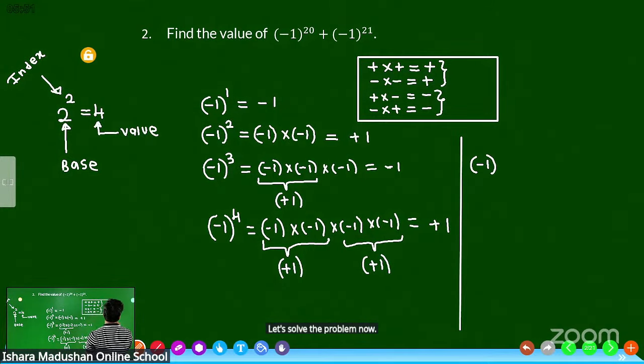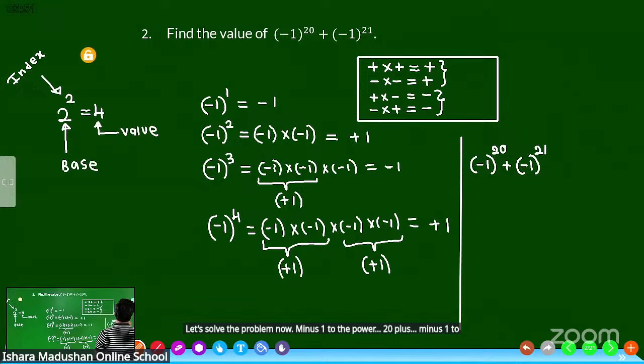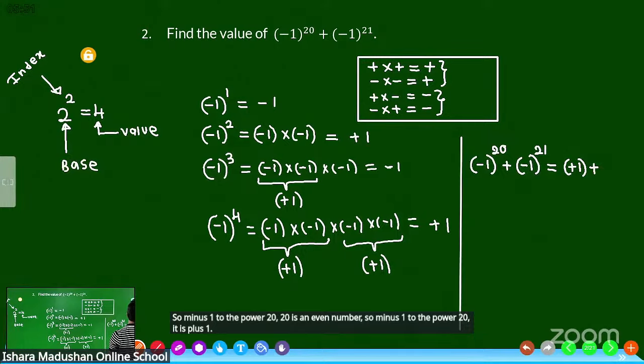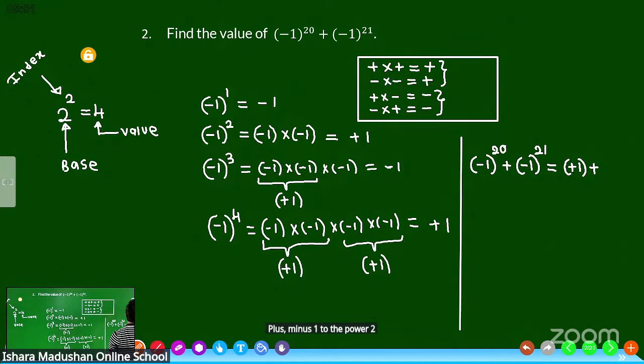Minus 1 to the power 20 plus minus 1 to the power 21. So minus 1 to the power 20. 20 is an even number. So minus 1 to the power 20, it is plus 1. Plus minus 1 to the power 21. 21 is an odd number, right?